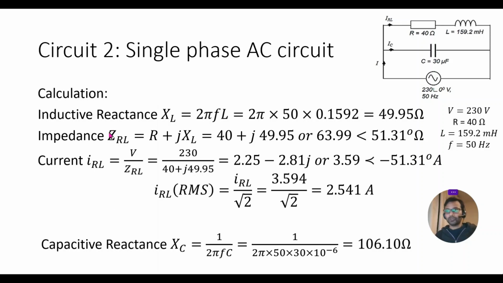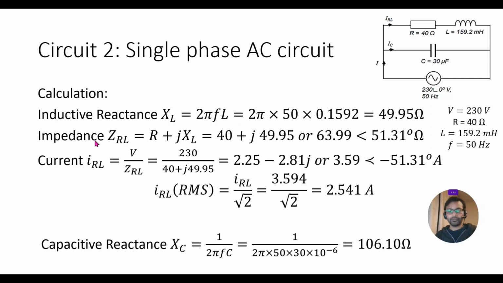Okay, so I have already done the calculation, so we have to follow the same steps as the last circuit or in the first video. First of all, we calculate the inductive reactance. We are given all the values: the frequency is 50 Hertz, and the inductance in Henry is 0.1592. So that will come out to be 49.95 ohms.